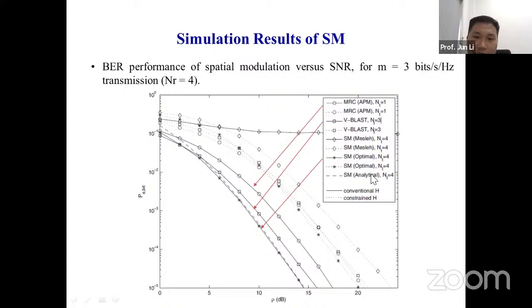But from this legend, we can see that SM has four transmit antennas, V-BLAST has only 3 transmit antennas, and MRC has only 1 transmit antenna. So SM obtains better performance, but with the most transmit antennas. This is a kind of trade-off compared to MIMO technologies.